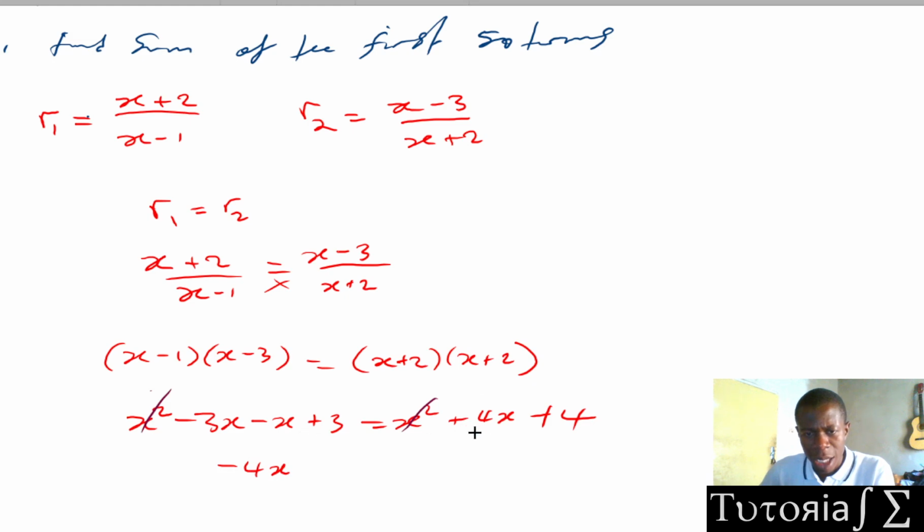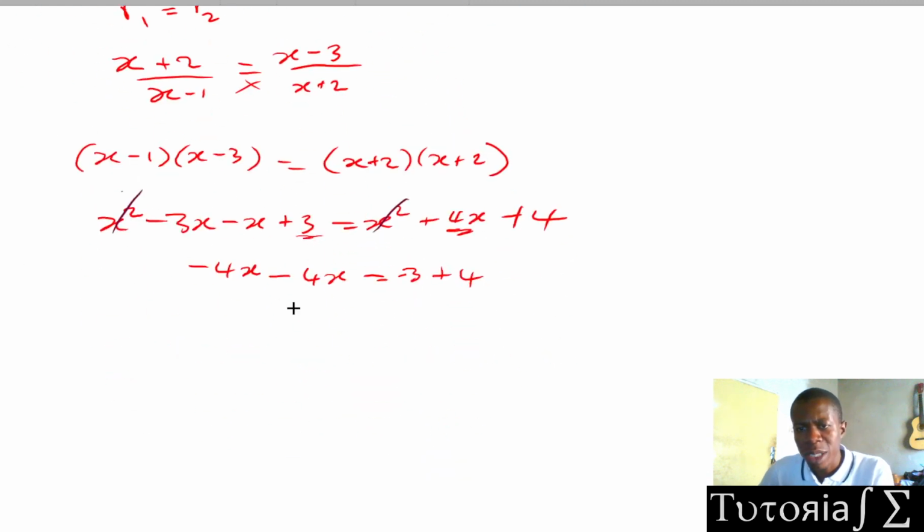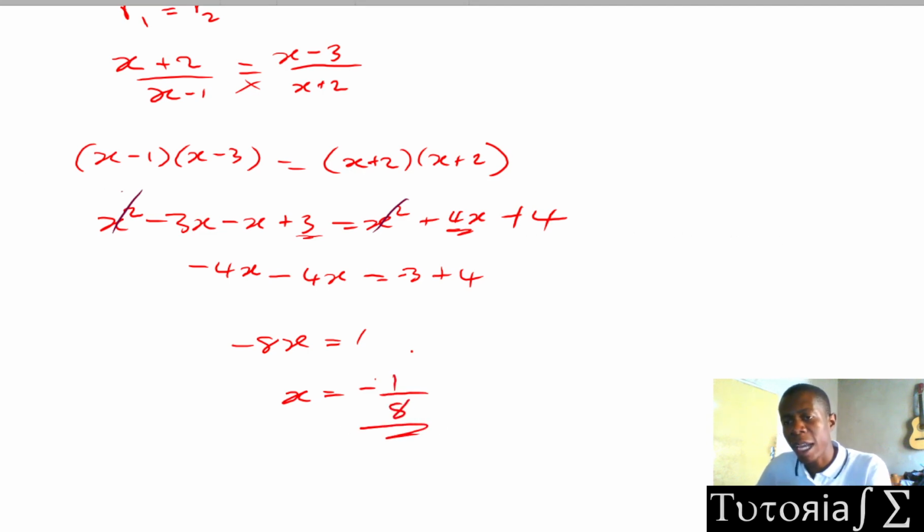Then the other, this will come this side, so that is negative 4x, which will be equal to, when we introduce the additive inverse of 3 here, we're going to have negative 3 plus 4, of which, when we simplify, this will be negative 8x equal to positive 1. That would be equal to 1, meaning that x will be equal to negative 1 over 8. So that is how you find the value of x.